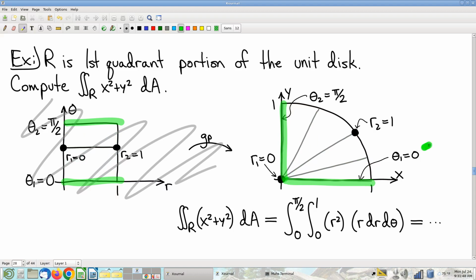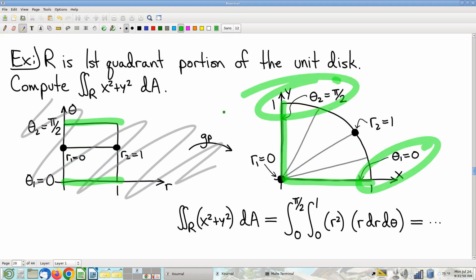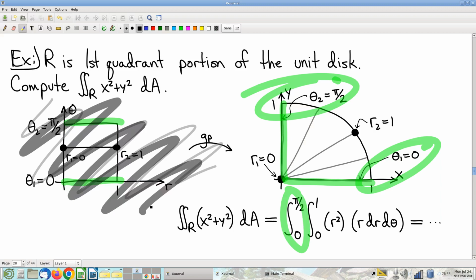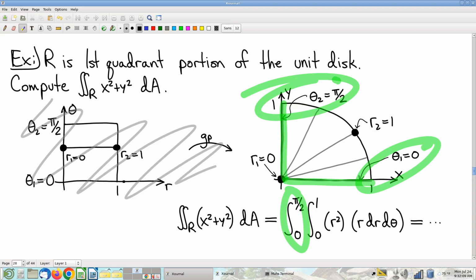You can see what those values of theta are, and thus your theta bounds, without drawing the pullback at all. So that's just a nice shortcut, you might call it a math hack, for doing what is in fact still a change of variables.